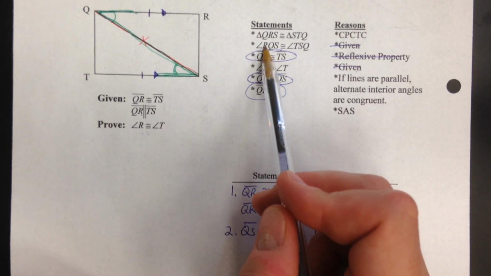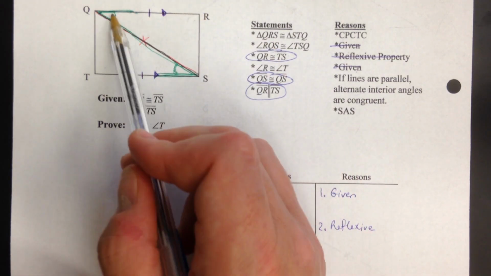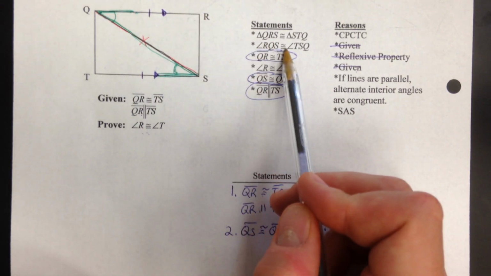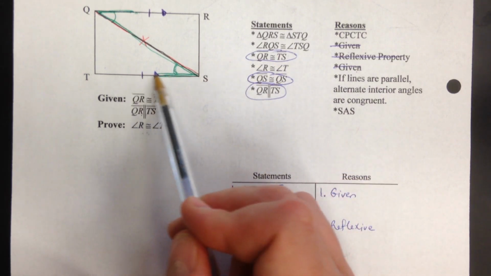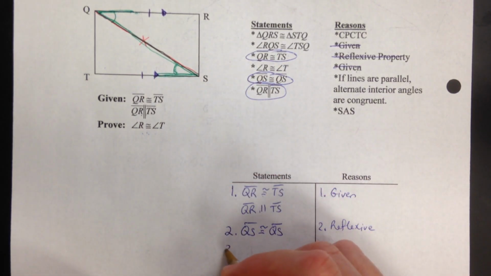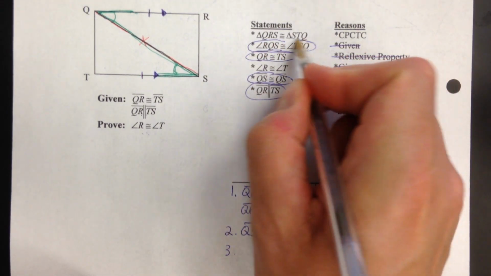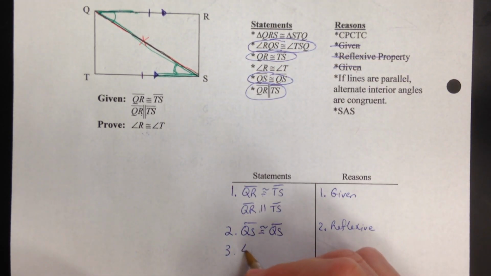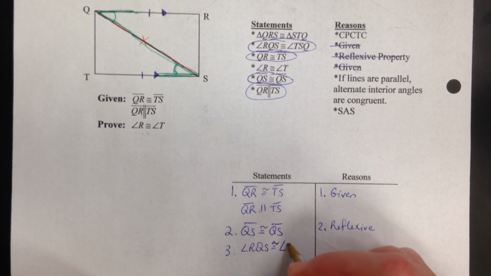So here's angle RQS. RQS, that's this angle right here, is congruent to angle TSQ. TSQ is this angle here. That's what we want. So right here, angle RQS is congruent to angle TSQ.